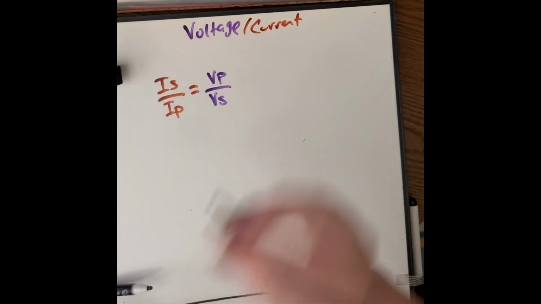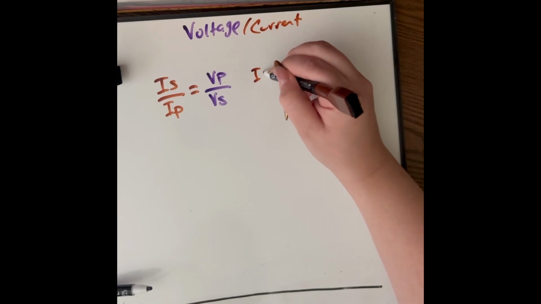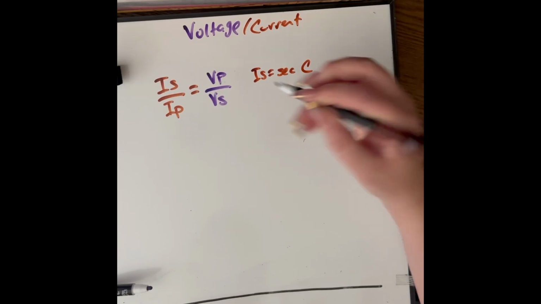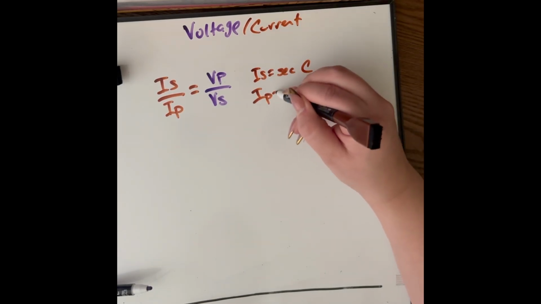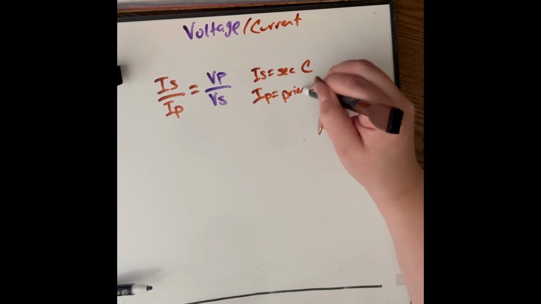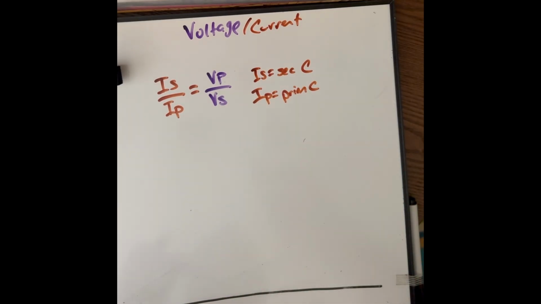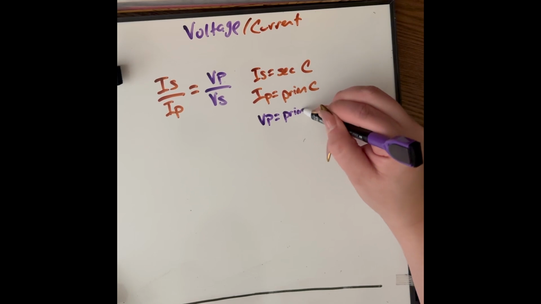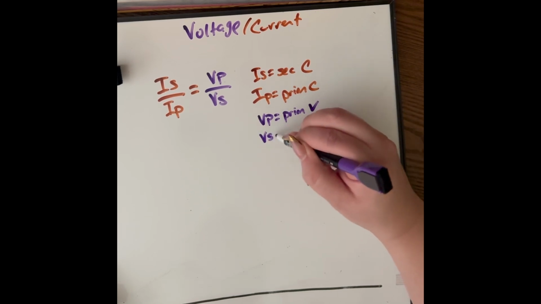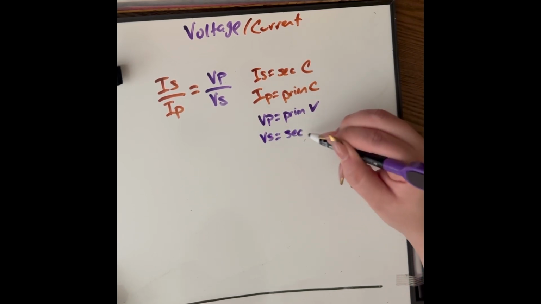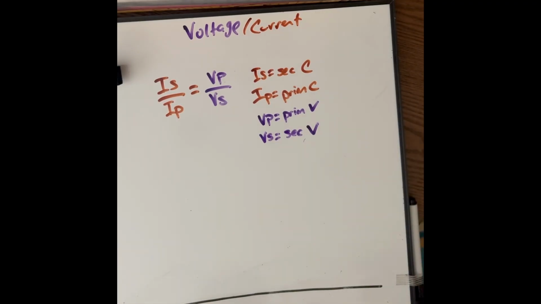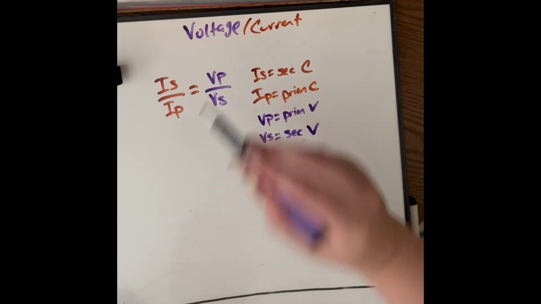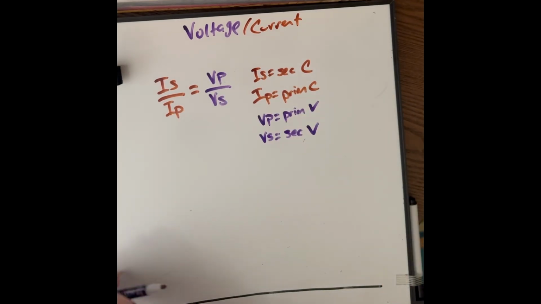So same thing like usual, our IS is our secondary current, IP is our primary current, VP is primary voltage, and VS is our secondary voltage. And again, they're opposite. Our S's are opposite, our P's are opposite.